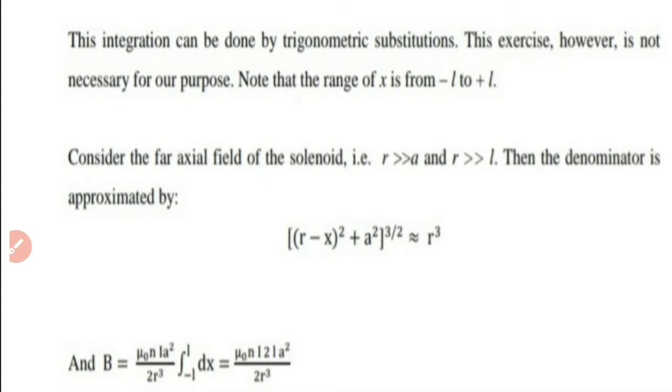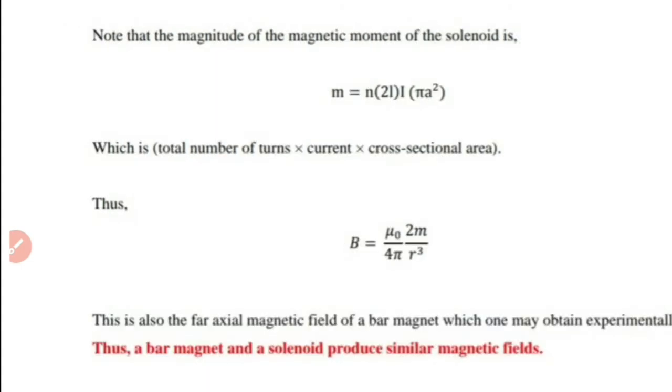So we multiplied and divided with one pi. With the presence of that pi in the numerator we have n into 2L into I into pi a square. I into pi a square is nothing but the magnetic moment, because current into area gives the magnetic moment.